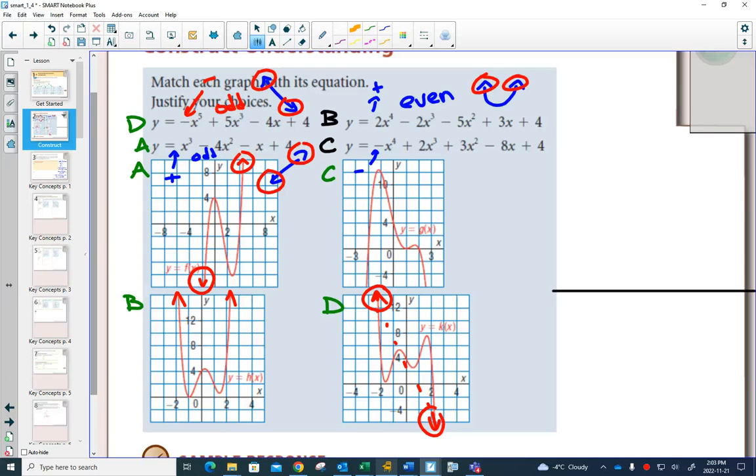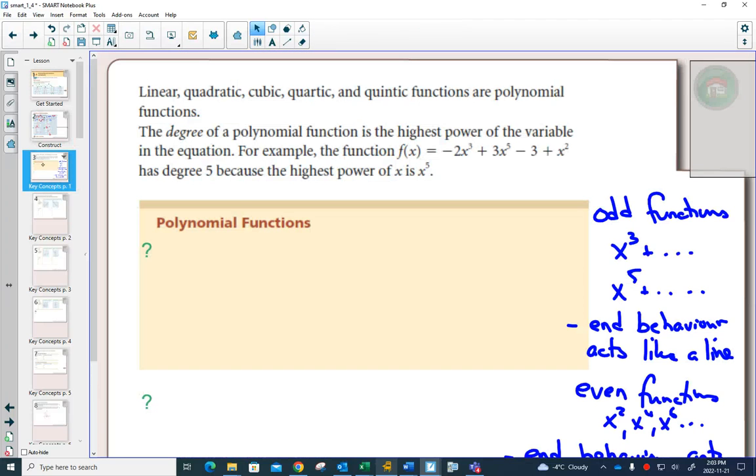This one has a negative coefficient. It looks like a parabola that opens down, and sure enough, both the arrows are down on that x to the 4. And it has like the basic idea of a parabola with some more bumps and bends in the way. So this is our starting point for learning how to graph different polynomial functions.